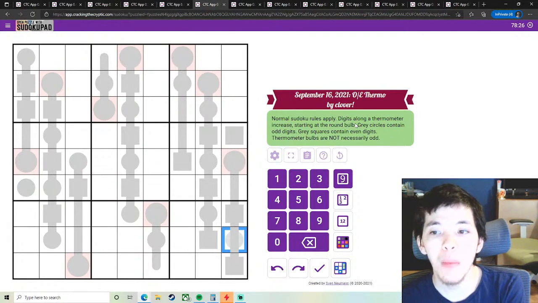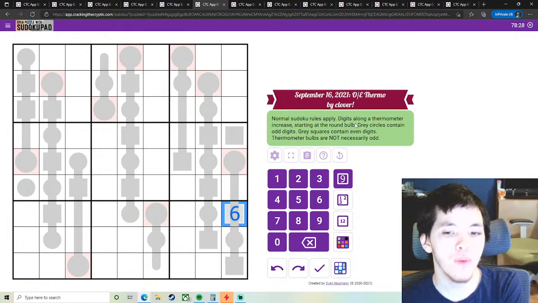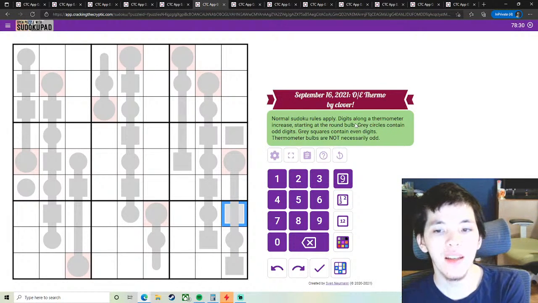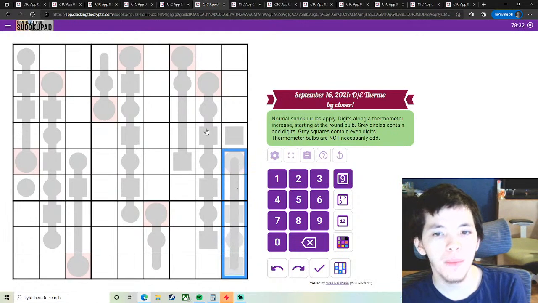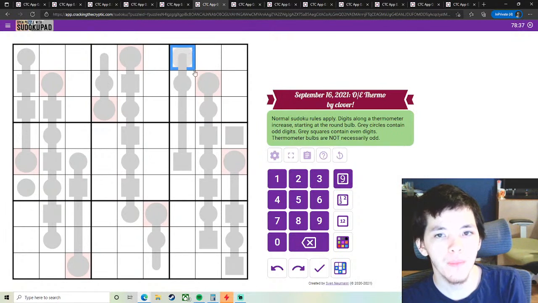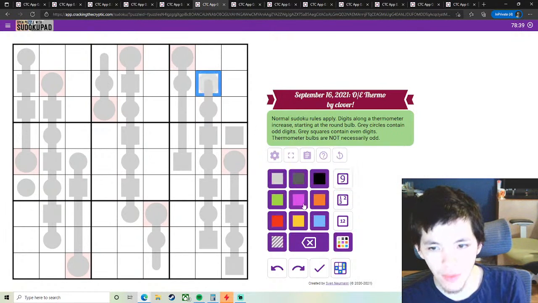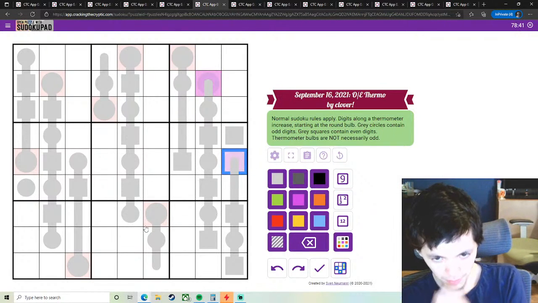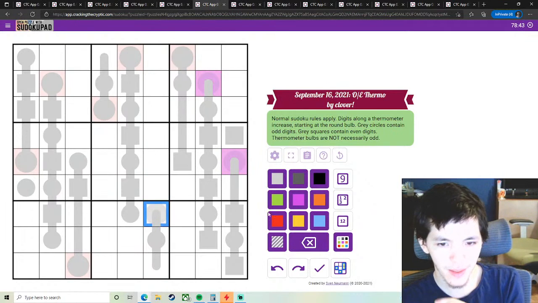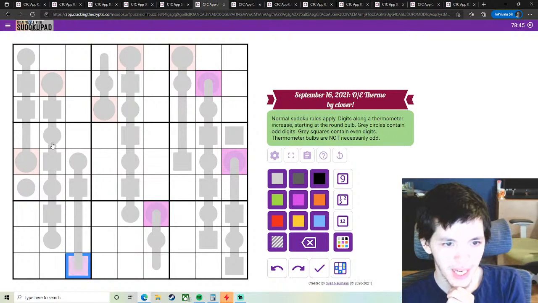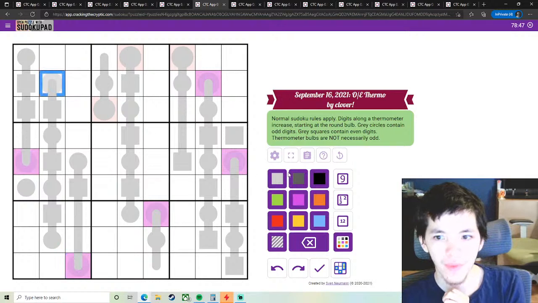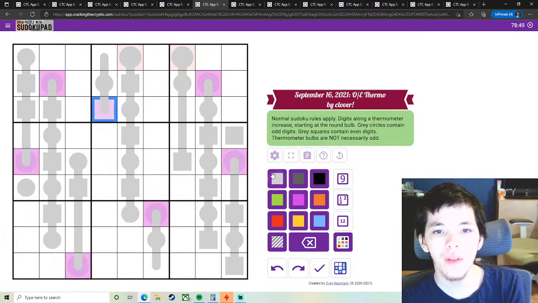Gray squares must contain even digits, 2, 4, 6, and 8. And then the thermostat rules are the same. They increase starting from the bulb. The bulbs are highlighted by this sort of pink color, if you can see the tint. But I'll go ahead and add an extra color to them. So these are the starts of the bulbs.